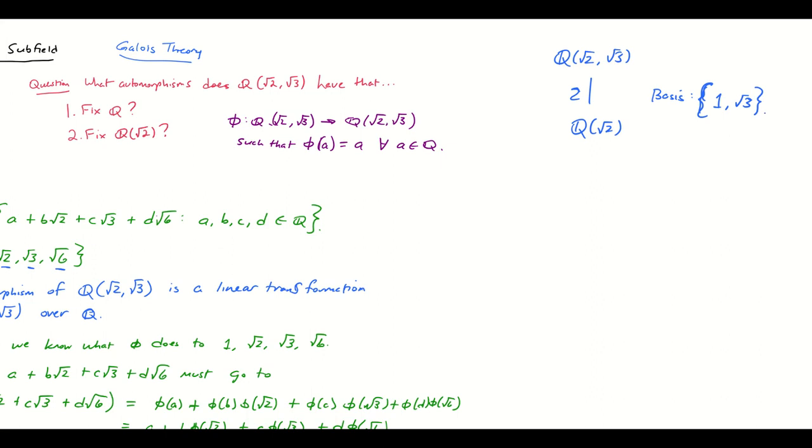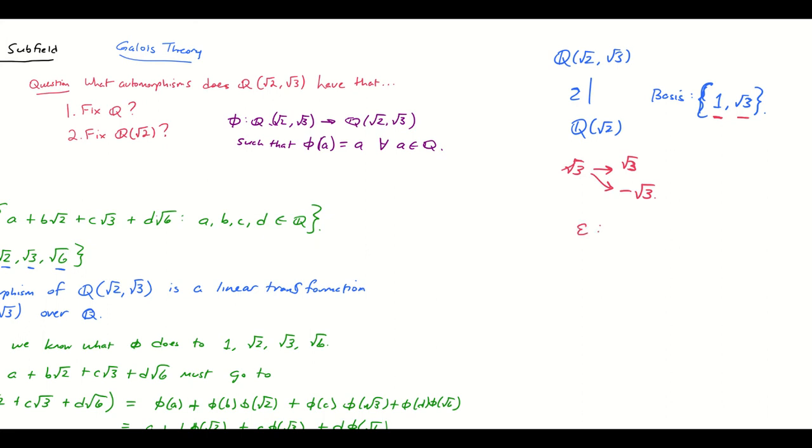Okay, so in order to determine an automorphism that fixes Q adjoin root 2, we only have to determine what that automorphism does to 1, which is already determined, it's going to go to 1, and square root of 3. Well, square root of 3 must go to either root 3 or negative root 3. Okay, so that's the only decision we get to make when deciding an automorphism of this field fixing Q adjoin root 2. So we really do only have those two automorphisms.